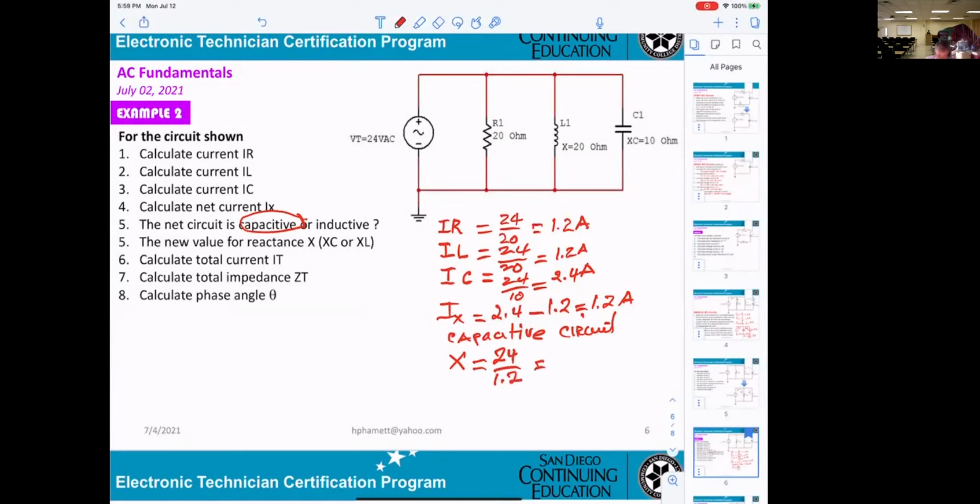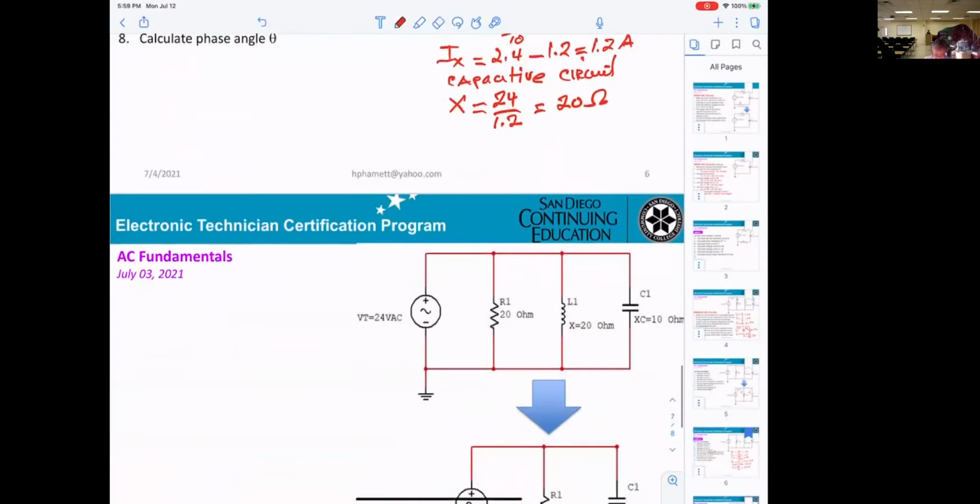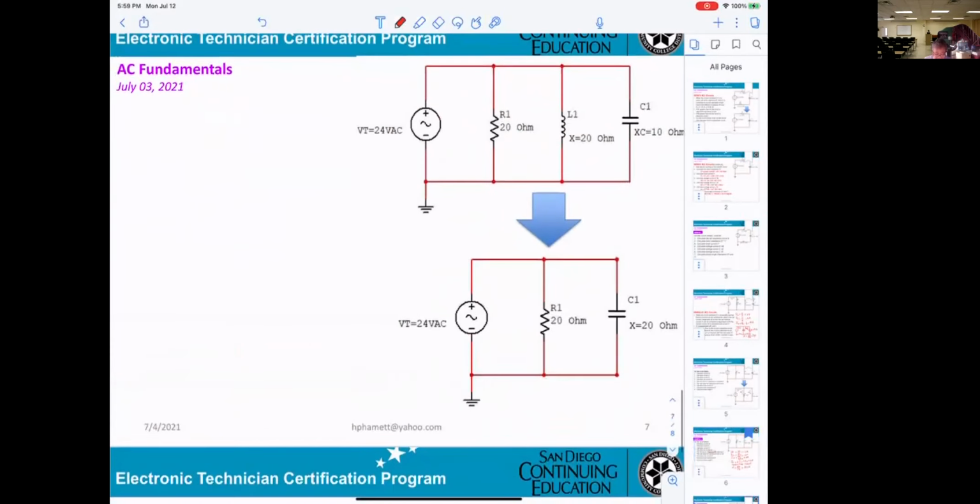So what do you get? 20 ohms. 20 ohm. Now you can see they have a little more detail from this original circuitry.